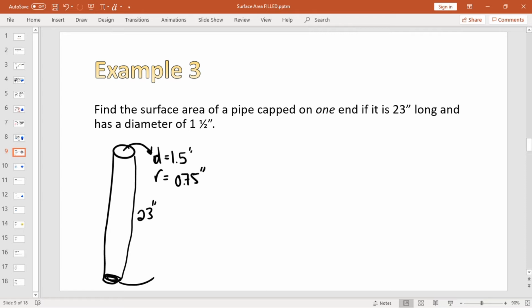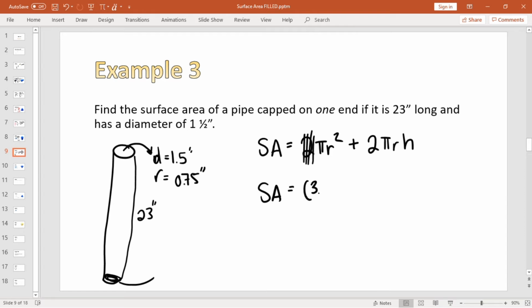So our normal formula for surface area of a cylinder is 2 pi r squared for top and bottom, plus 2 pi r h for the distance around the lateral surface. For us, we only need one of these circles because it's open at the top. So remembering to change the formula for your situation. I'm going to take pi and multiply it by 0.75 squared.